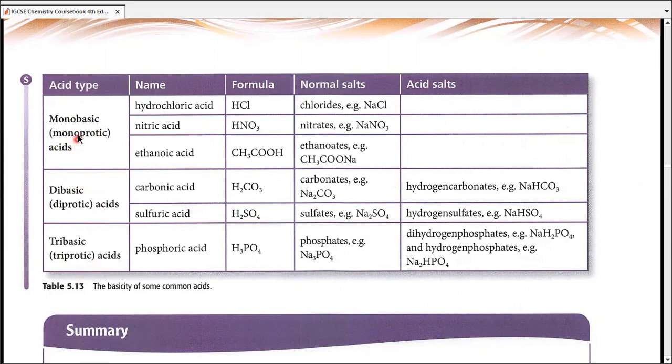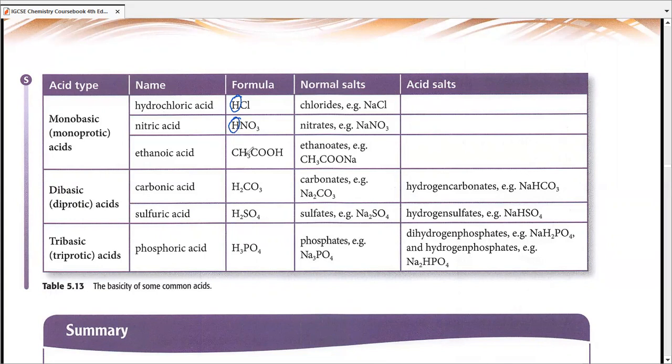An acid that can donate one proton is monoprotic. Diprotic, donate two protons. Di means two, protic means proton donor. And triprotic means three proton donor. We're talking about one molecule. Take a look. HCl can donate one hydrogen ion per molecule. Same goes for HNO3.